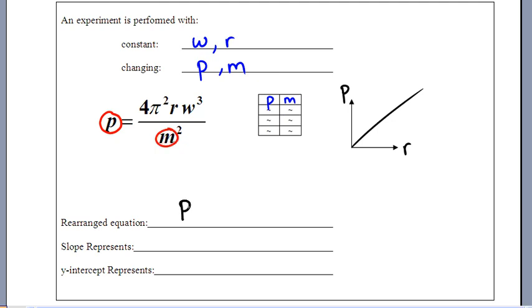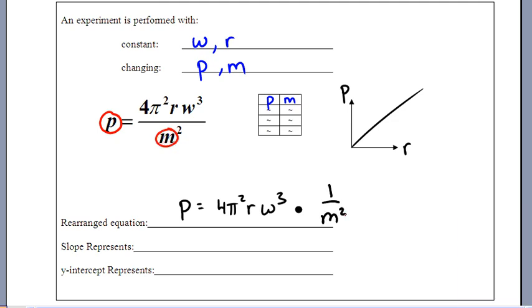You could say p is equal to, I don't want to put the m in, so 4 pi squared r w cubed, that actually didn't need to be up so high. Let's drag this down a bit, and then multiplied by, because it's got to be multiplied in grade 10, I'd have to write that as 1 over m squared.